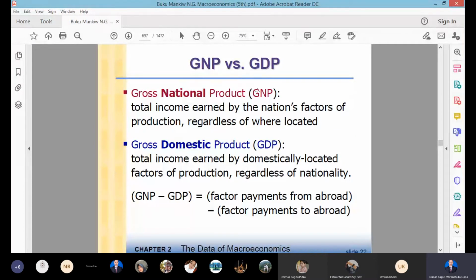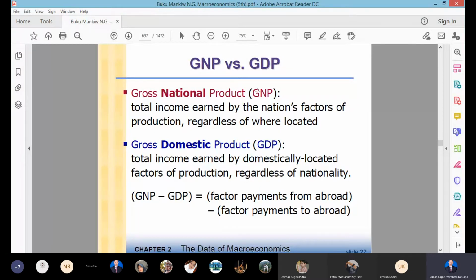GNP, for example, a very simple example. Sister Fatwa here, having graduated from IPF, you are working in Malaysia as a professional laborer. And I'm here as a lecturer in Indonesia. So both of us are Indonesian citizens. Based on these facts, Fatwa's income, whatever you earn from your workplace, is recorded as GNP.